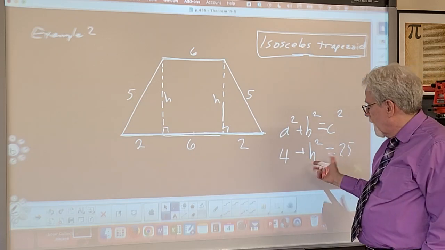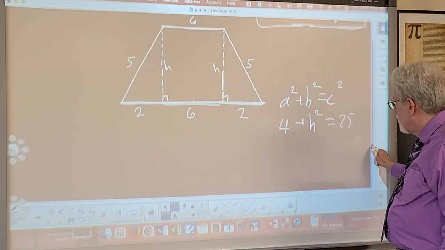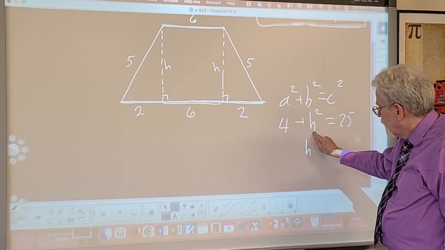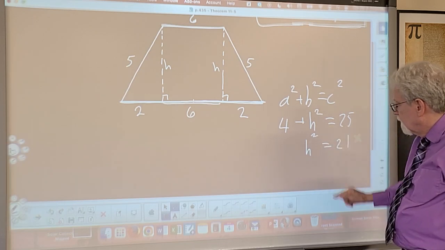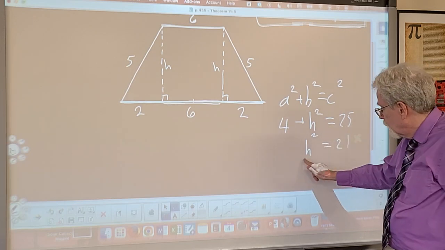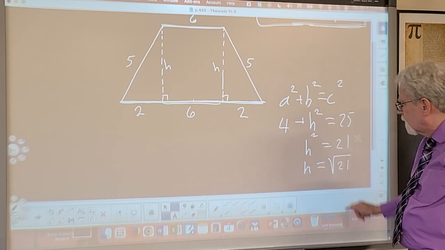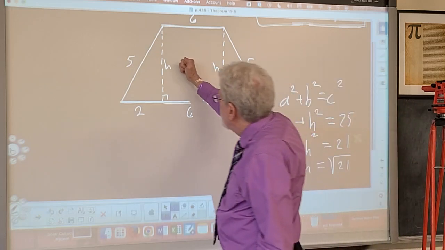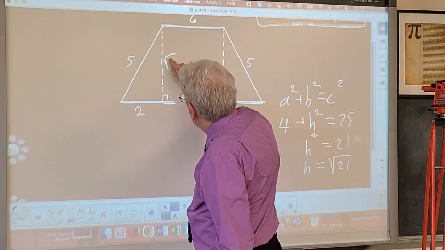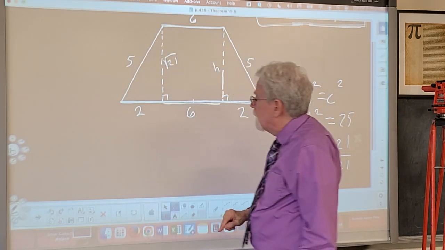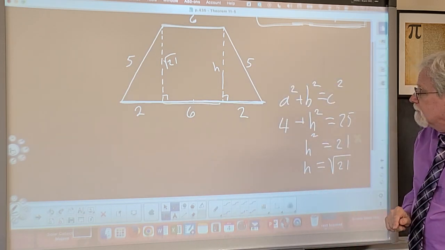Now we're trying to solve for h, so the next thing we have to do is subtract 4, so h squared is 21, and then take the square root, and we got a nice, ugly looking square root of 21. Congratulations. So the height is the square root of 21. Sorry it's so ugly, but that's the way real life is sometimes. It can be ugly.